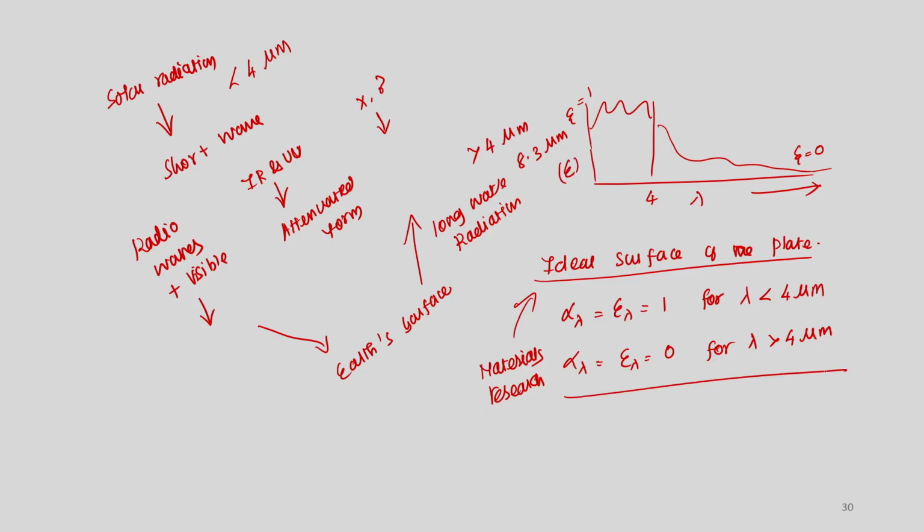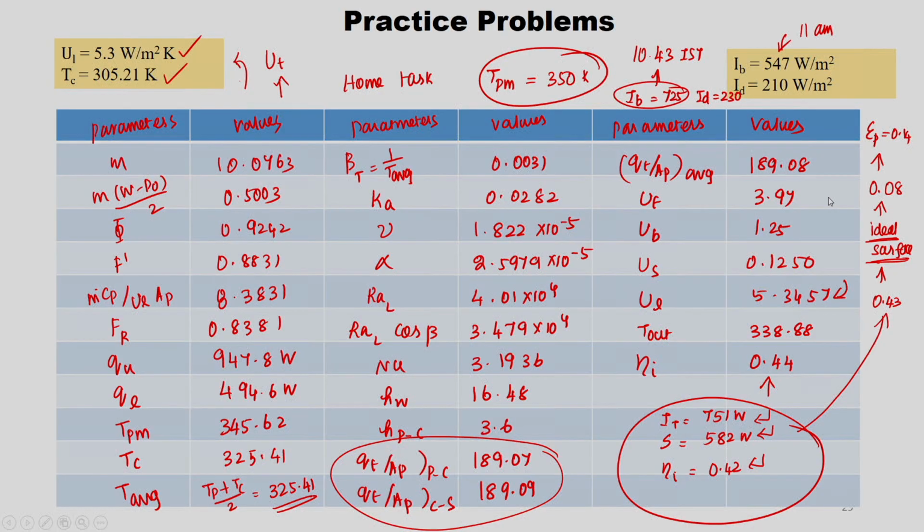So, as I told you, instead of an emissivity of the flat plate of 0.14, you can take it as 0.08 and we calculated 0.43 for this given data. In the same way you can work around it. For example, this data we have taken as a one glass cover system.